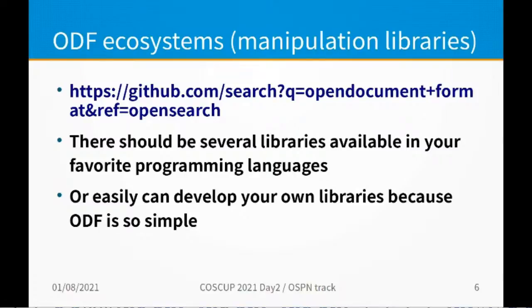Of course, if you can't find a suitable library for your favorite language, you can develop your own library because ODF is so simple. Just unzip the file, read the XML, manipulate something, and then zip it back again. It's very easy.